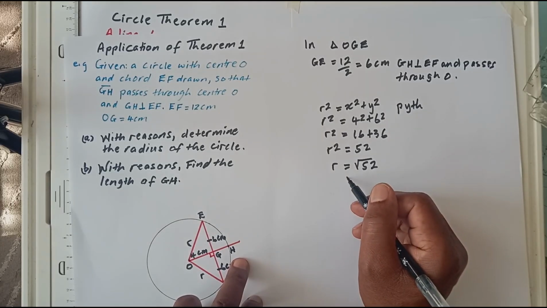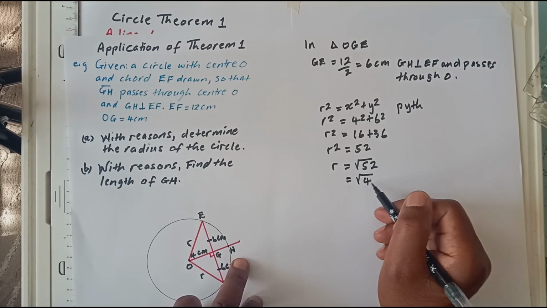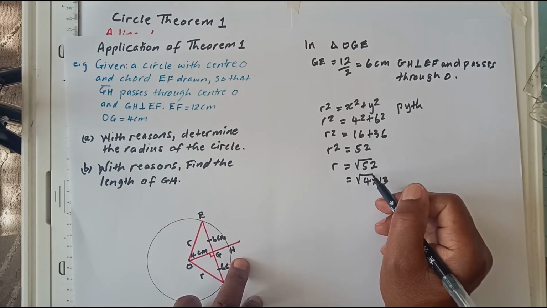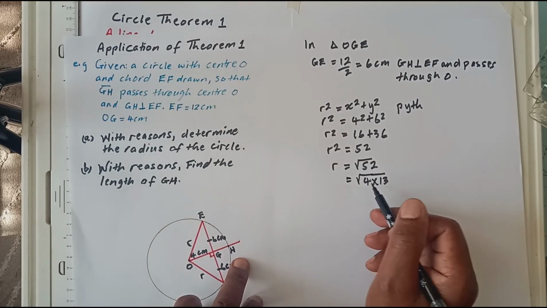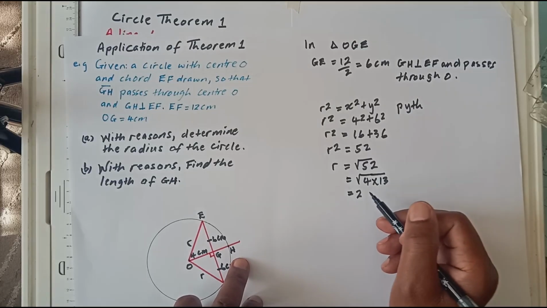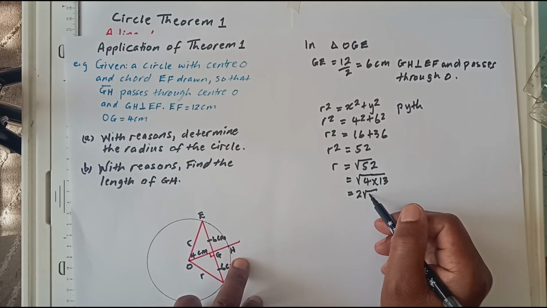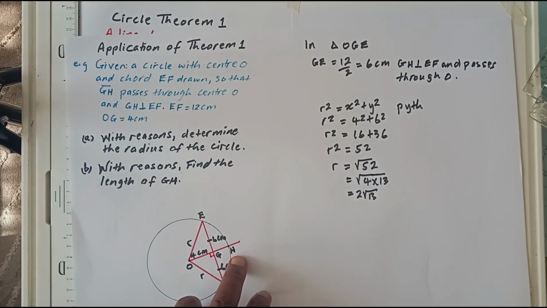This is equal to the square root of 4 times 13. The square root of 4 is 2, so we can take it outside the root sign and leave it as 2 root 13.